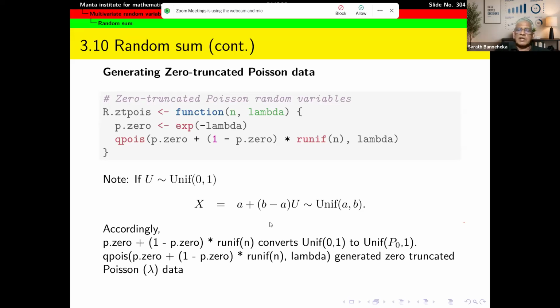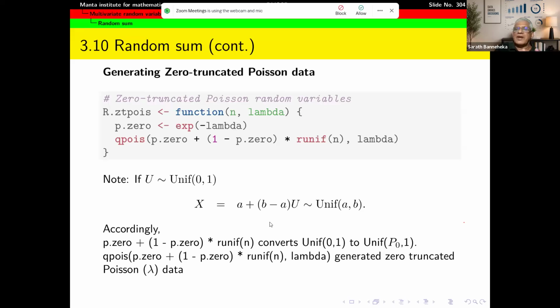But here, what I'm going to do is consider uniform random numbers between P0 and 1, where P0 is the probability that N is equal to 0. So I will have uniform random numbers from that probability to 1.